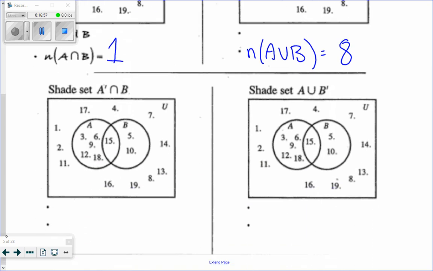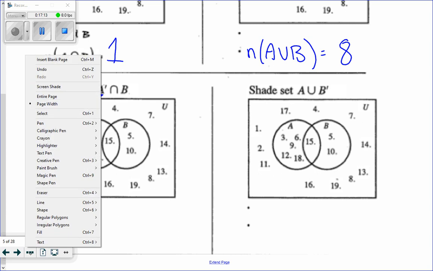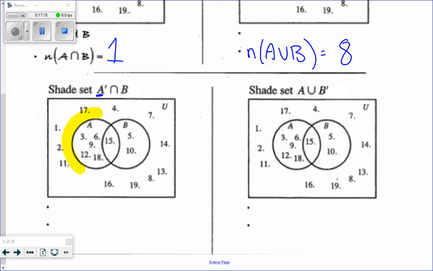Okay, so now let's get into some complements. This is where 2 colors come in really handy. So I want to show you first how I think about it, and then you can decide how you would like to draw that on your own. Not A for me means everything outside of circle A. This symbol here means intersect, and intersect means overlap.